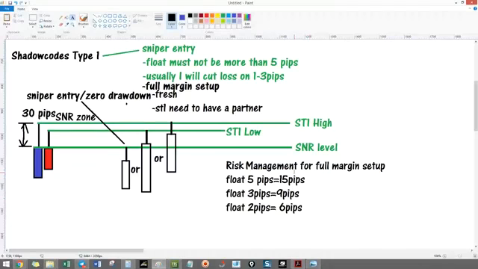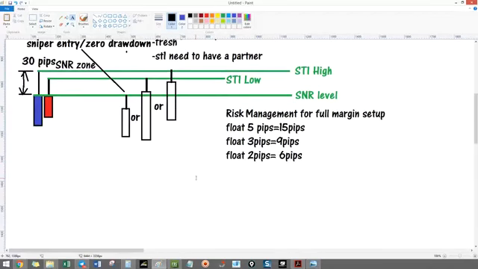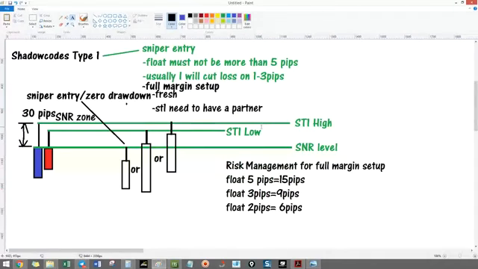We do not want the margin call because we have our setup. Sometimes we have our sniper setup, sometimes we have our floating setup. So this is based on how to cut loss. Over here, you can cut loss if it is more than 5 pips. Over here, if it floats about 5 pips and comes down, it's okay. You can just let it be.